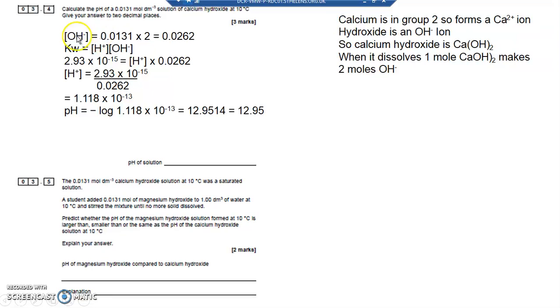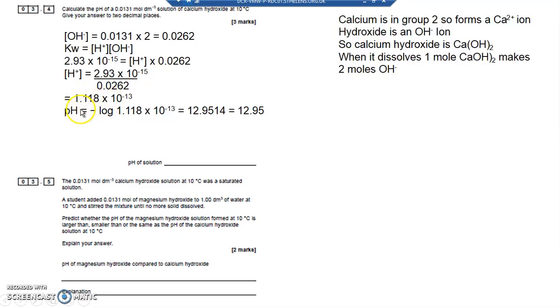Now then, I've got OH-, I need H+ if I'm going to work out pH, so Kw equals H+ times OH-, that's why they've got you to do that in the first part of the question. Kw is 2.93 times 10 to the minus 15 from the first part of the question. H+ we don't know, OH- we've just worked out, so H+ is 2.93 times 10 to the minus 15 divided by 0.0262.